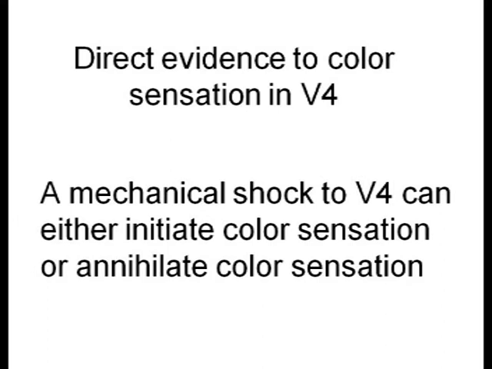Here are two cases of direct evidence from human subjects. Jonathan I. was a painter with normal vision. At the age of 65, he was knocked on his head, and this caused him to lose the sensation of color.